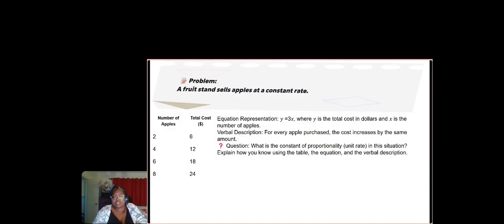In this case, our independent variable would be the apples, because the number of apples determines the cost. Therefore, total cost would be dependent. The total cost depends on the number of apples that are being sold.